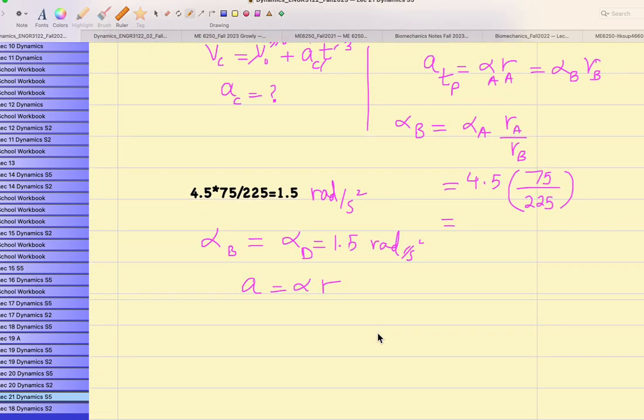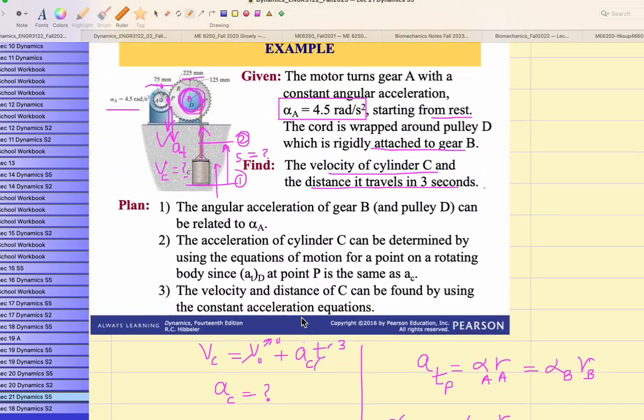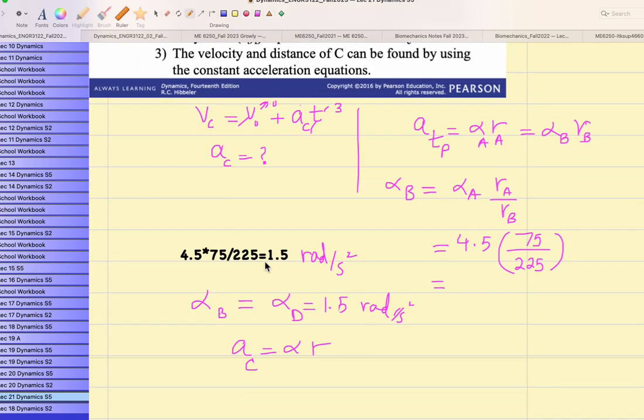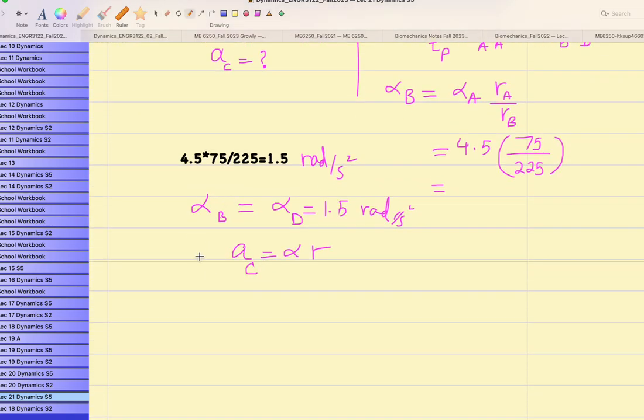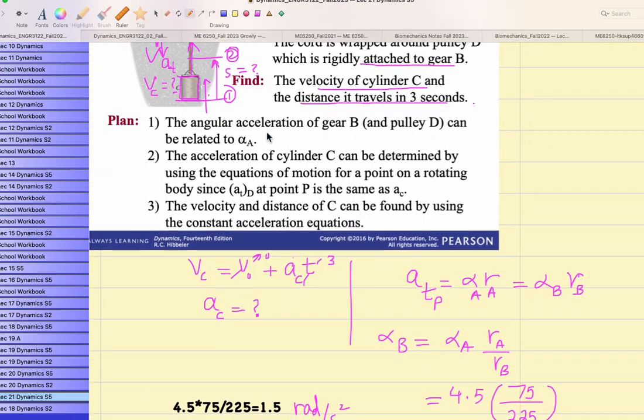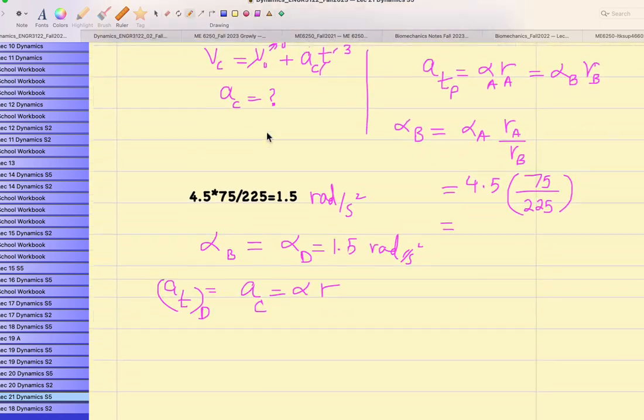If I want to find a_C of this block, that is equal to the tangential acceleration of point D, which is the disk or pulley, and its radius is 125 millimeters.